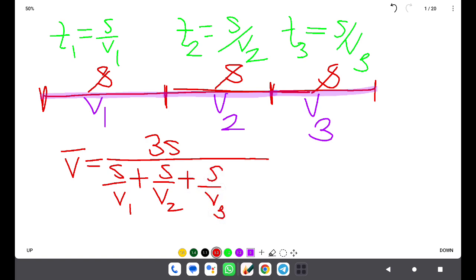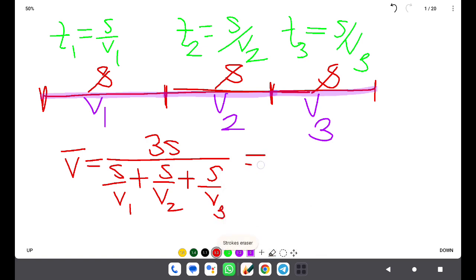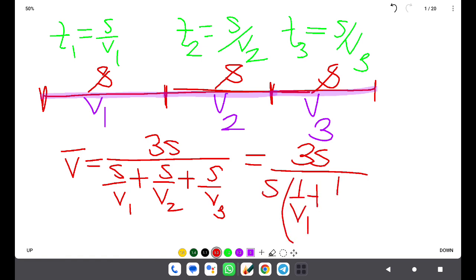Taking s common in the denominator, you have 3s by s times 1 by v1 plus 1 by v2 plus 1 by v3.